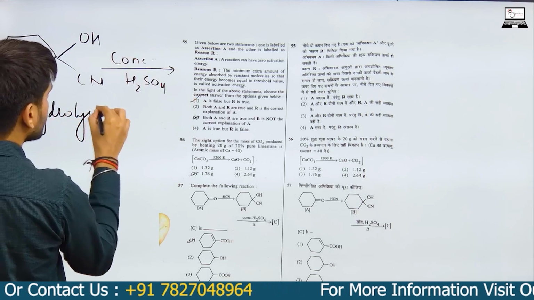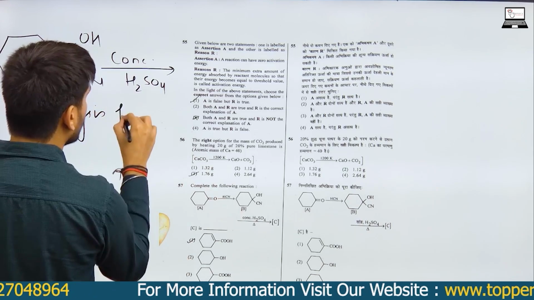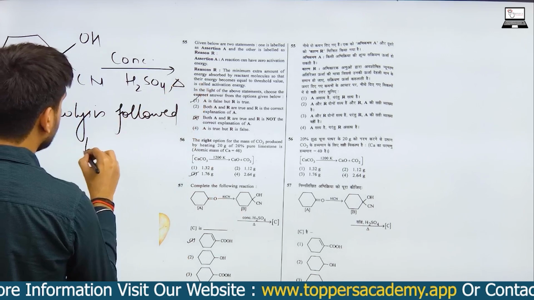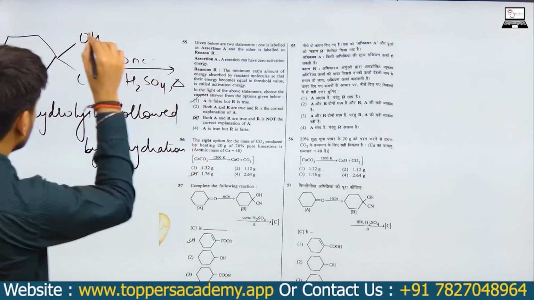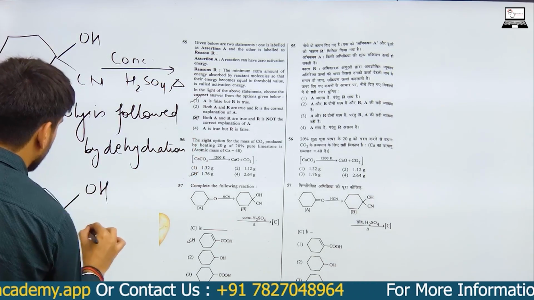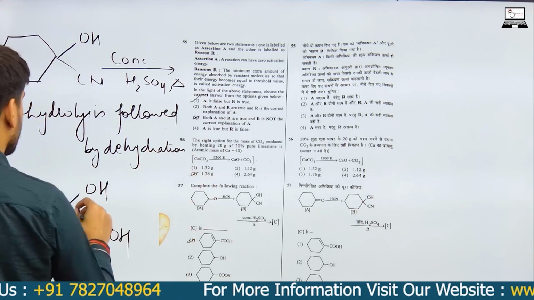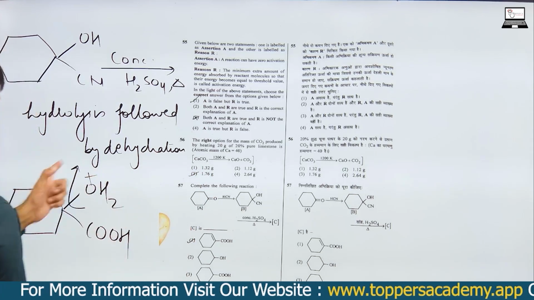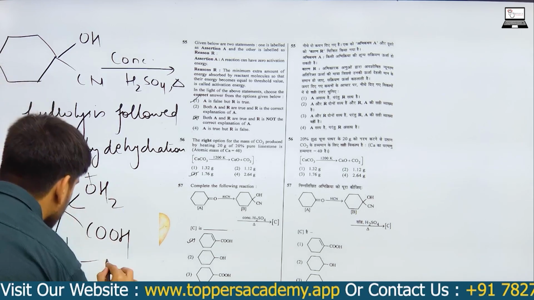This is hydrolysis of what? Hydrolysis of cyanide to acid, followed by dehydration. So what do you get? After the hydrolysis part, you know that this goes in the form of water, and then you have H over here, and you get something like this.